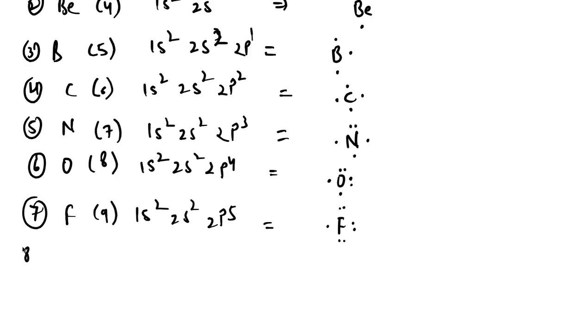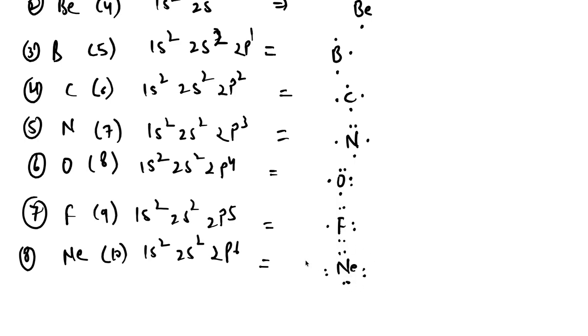And lastly we have neon with 10 electrons, 1s2 2s2 2p6. So it will be 1, 2, 3, 4, 5, 6, 7, 8. So this is how we show the Lewis structure for all the atoms.